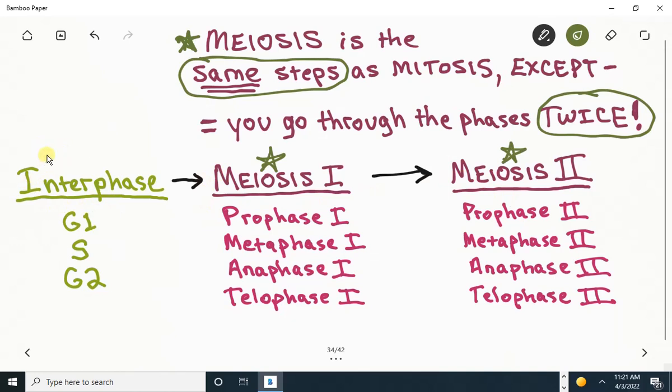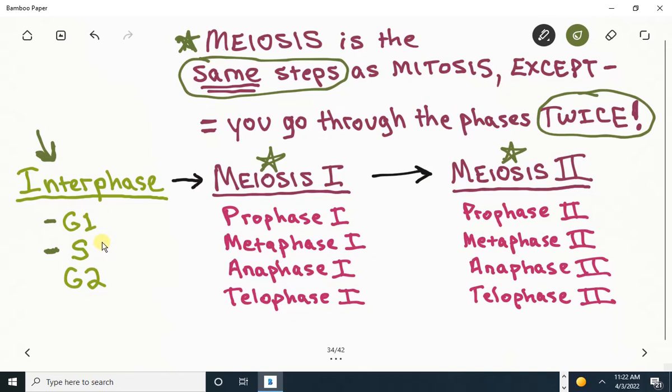So the germ cell is going to be hanging out in interphase, and it's going to go through all of the interphase phases. It's going to go through the growth phase. It's going to go through the replication phase, and this is how it gets a double set of chromosomes in there, because you already have a complete set of chromosomes in the germ cell.